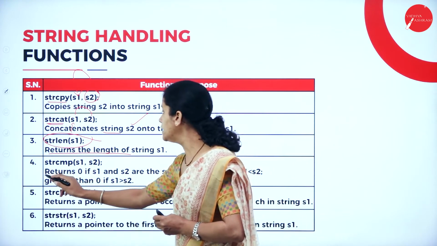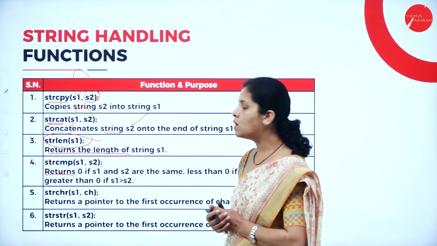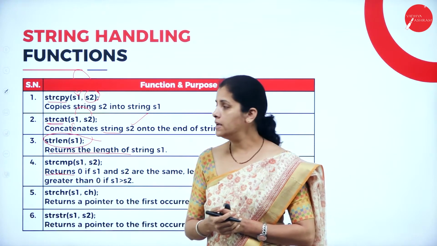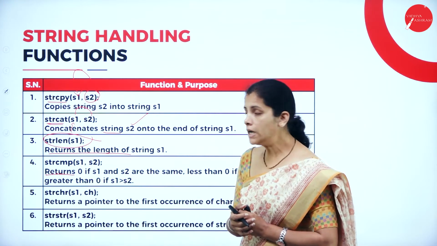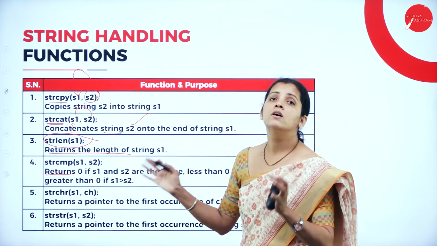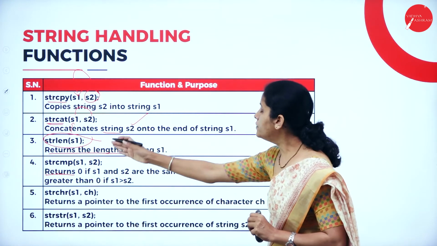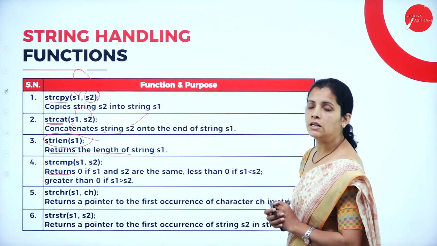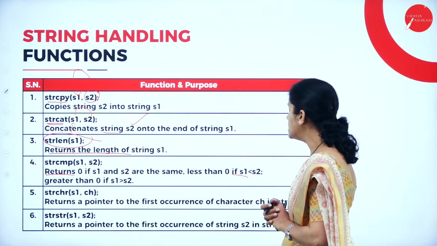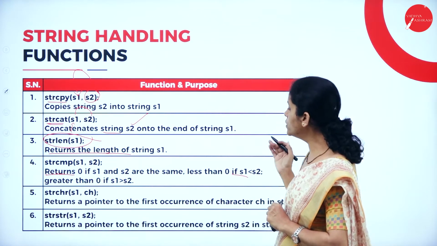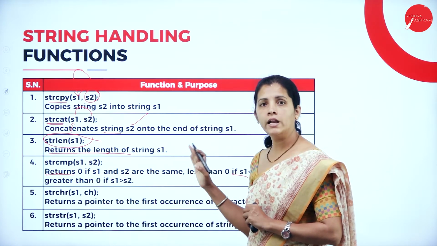So, it returns 0 if S1 and S2 are equal. That means this string comparison function is going to return the value 0 if both the strings are equal. It returns less than 0 if S1 is less than S2.